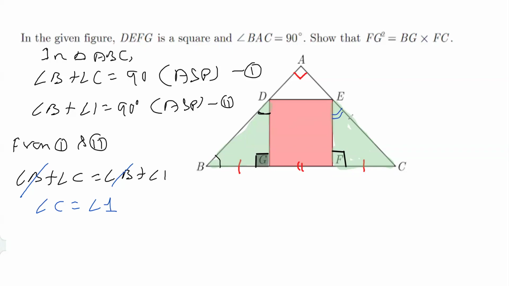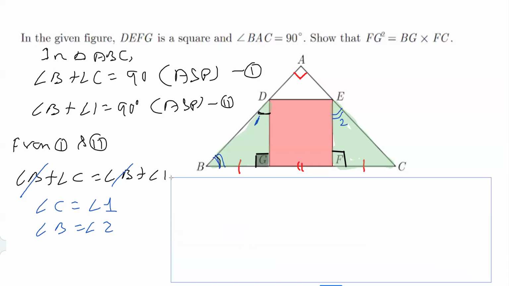So similarly, if I write angle 2 here, angle B will be equal to angle 2, the same way as we proved angle C is equal to angle 1. Once we have proved these two angles equal, we can prove the triangles similar.